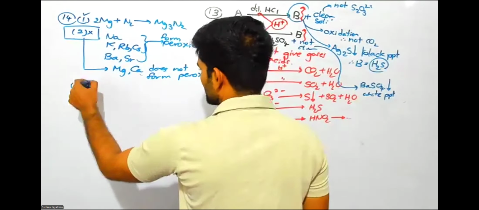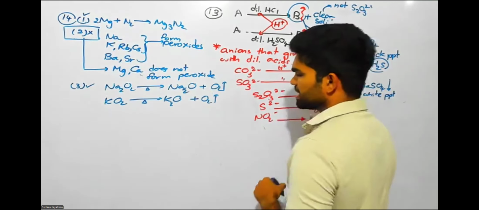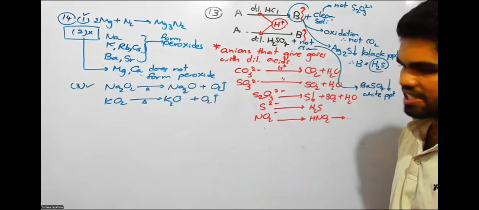Sodium peroxide can give you sodium oxide and O2. Potassium superoxide can give potassium peroxide and O2. O2 gas is liberated.